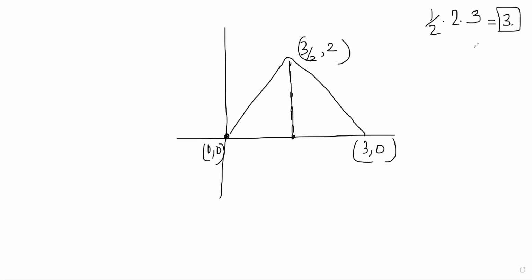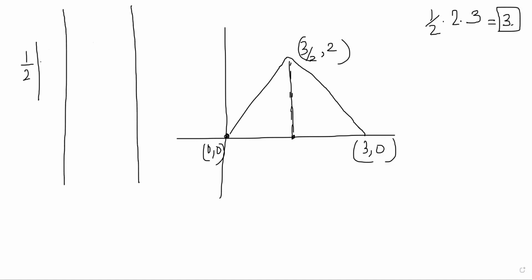Now what we will do is we'll confirm whether it works out from your shoelace formula or not, right? We'll say half, and for the mod we'll do, and in the shoelace thing I will write, let's start off with 3 by 2, 2. Second one is 3, 0. Third one is 0, 0. And then I repeat the first one, 3 by 2, 2, right? And then you multiply like this, and like this. Notice that all three are 0 here, right?